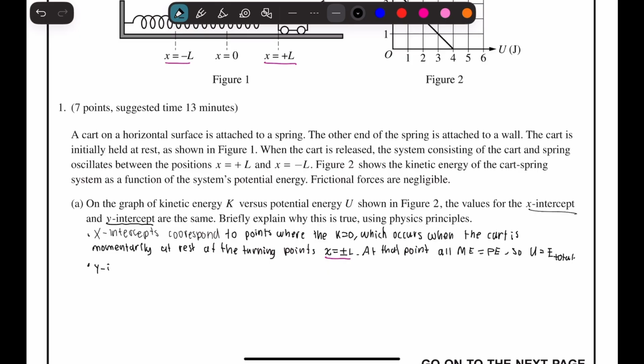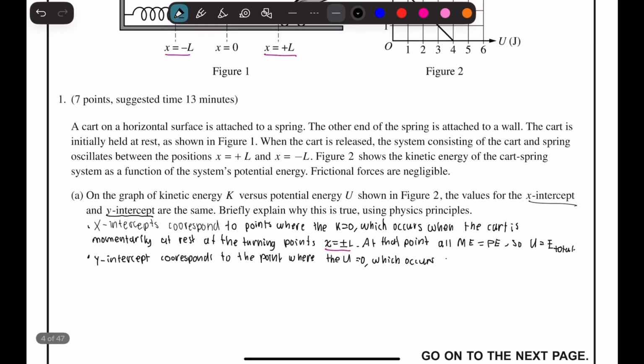The y-intercept corresponds to the point where the potential energy is equal to 0, or as College Board represents it, U is equal to 0, which occurs at the equilibrium position, x is equal to 0.